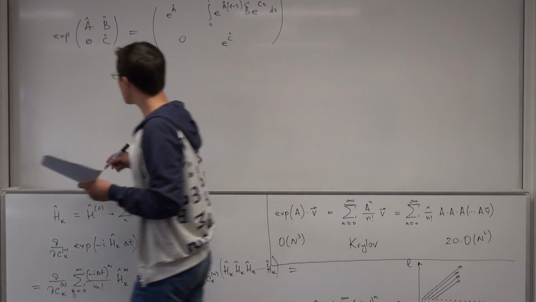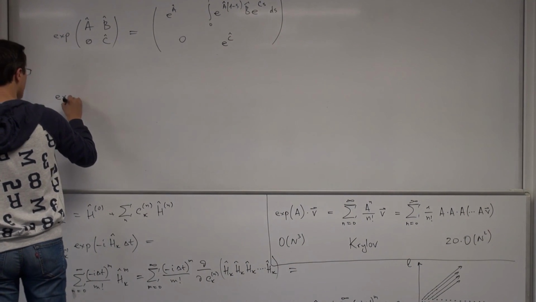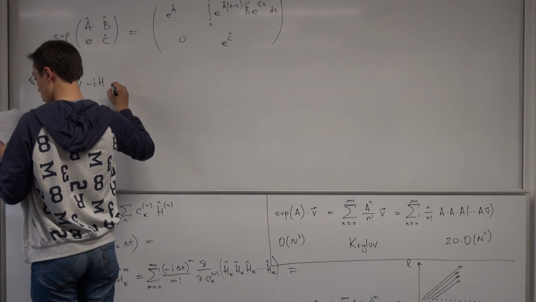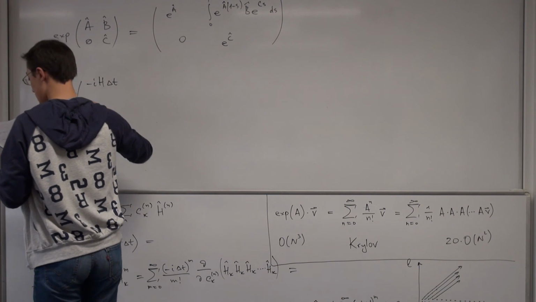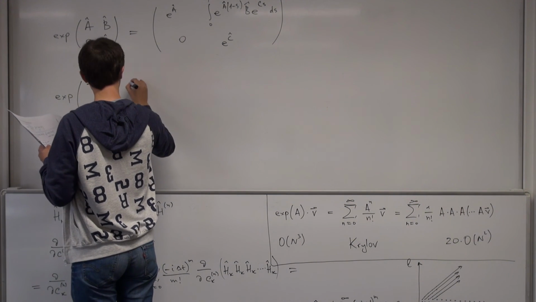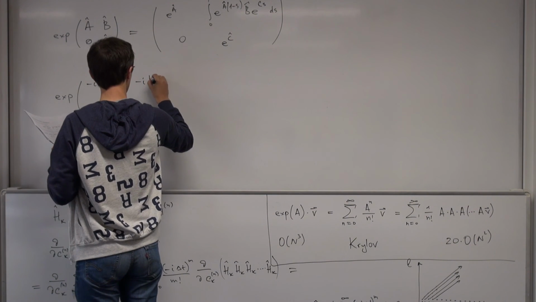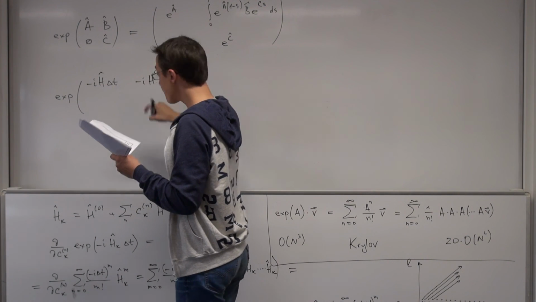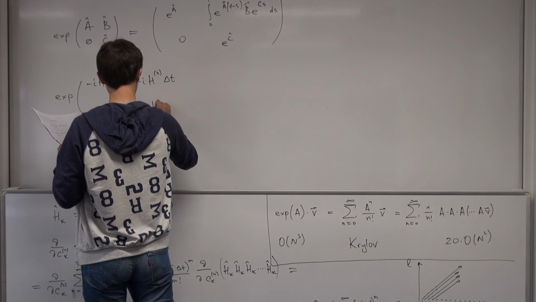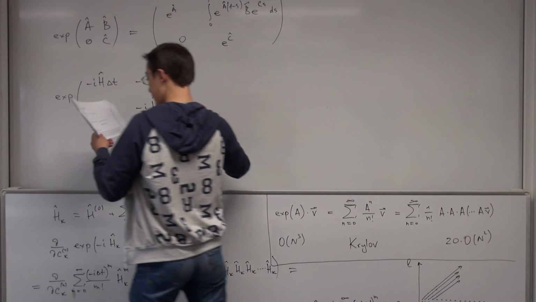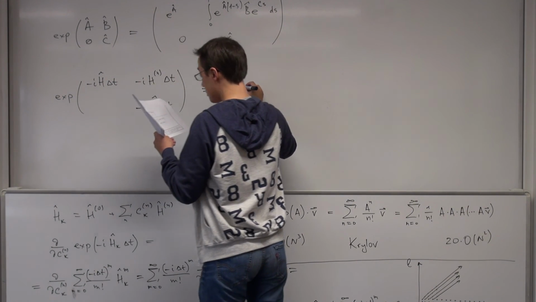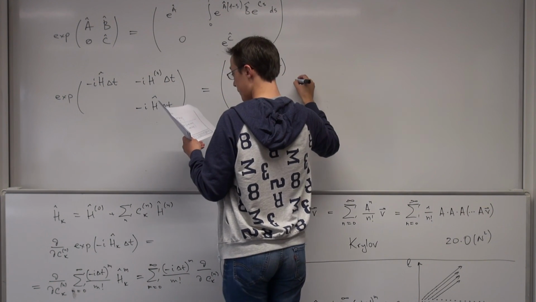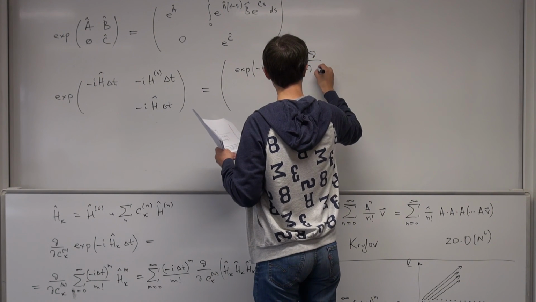And so in a language that is more appropriate for optimal control theory, minus i H delta t, this is the total Hamiltonian, minus i H_n delta t, that's the control operator, and minus i H delta t. This exponentiates into exp of minus i H delta t, and the derivative with respect to the control coefficient.